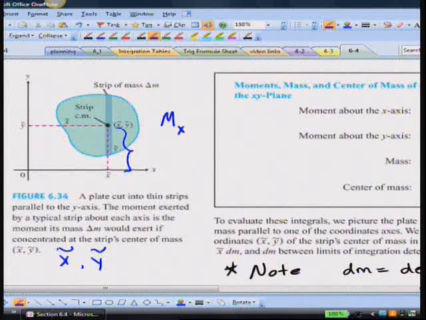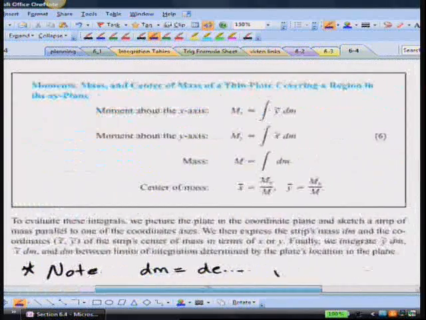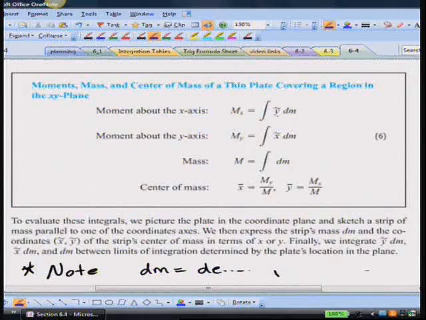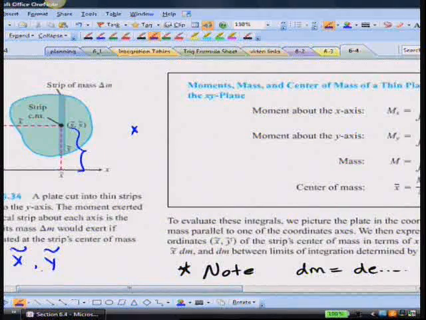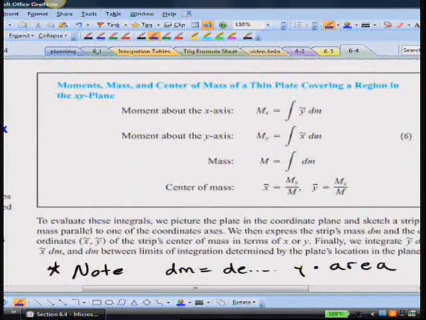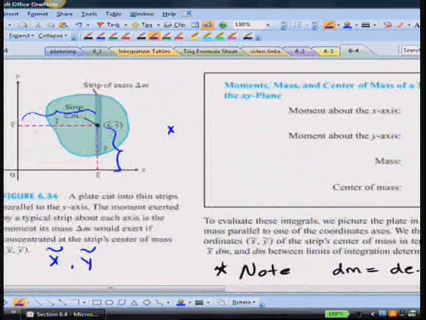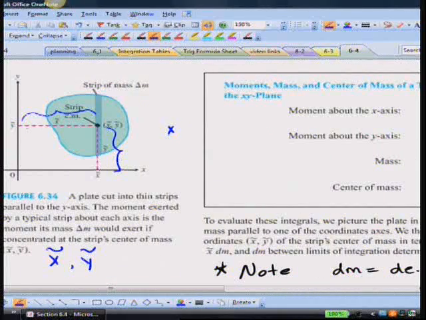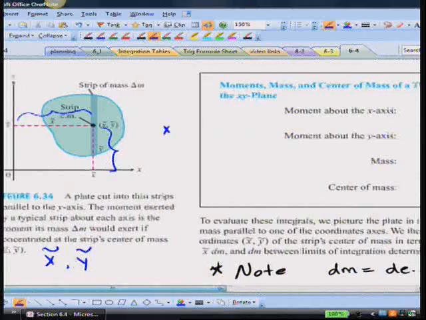That's this distance right here. So the moment about the x has a y tilde in it. And then the moment about the y has an x tilde in it, because the distance you are from the y-axis is an x distance. So it feels weird that you have those in there, but you do.